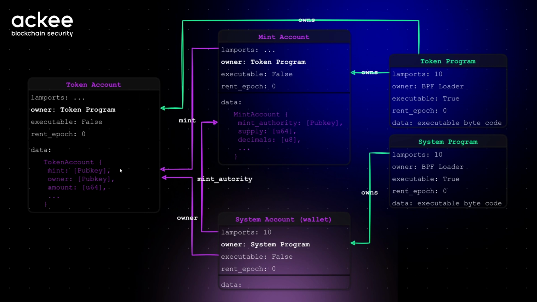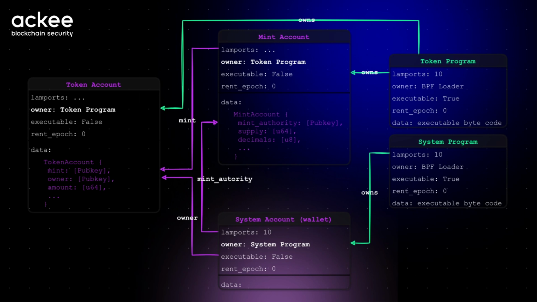But let's consider only these 3. The mint field is important because it holds the address of the tokens this token account, or this vault, actually holds. The owner is the public key or address of the wallet which is the owner of this vault, and amount is the number of tokens this token account or this vault holds.